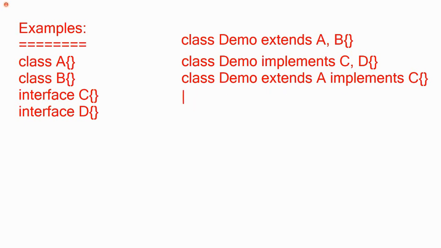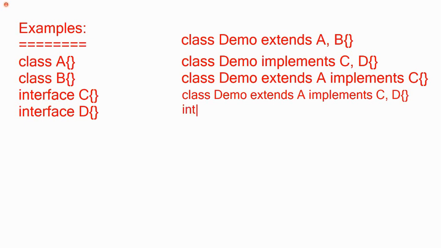Like this also valid: class Demo extends A, implements C, comma D. One class, two interfaces also possible. Interface Demo extends C, comma D, also valid.